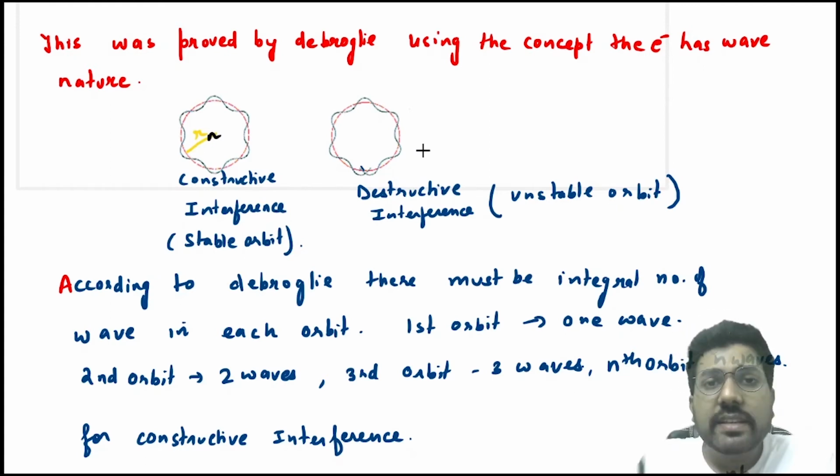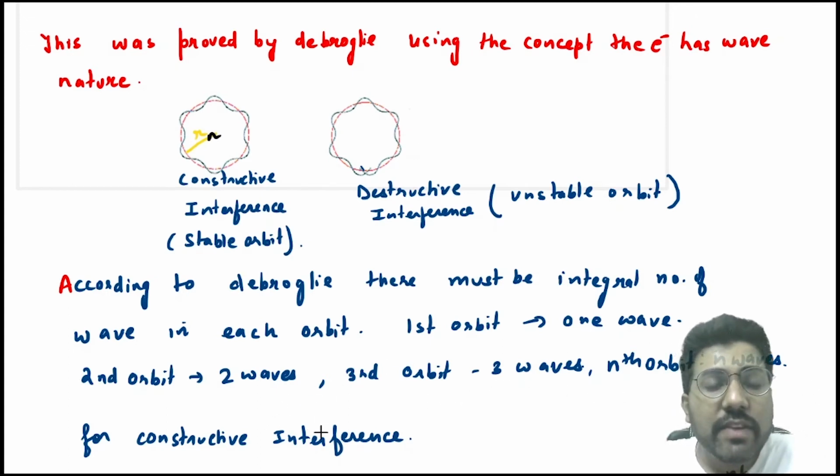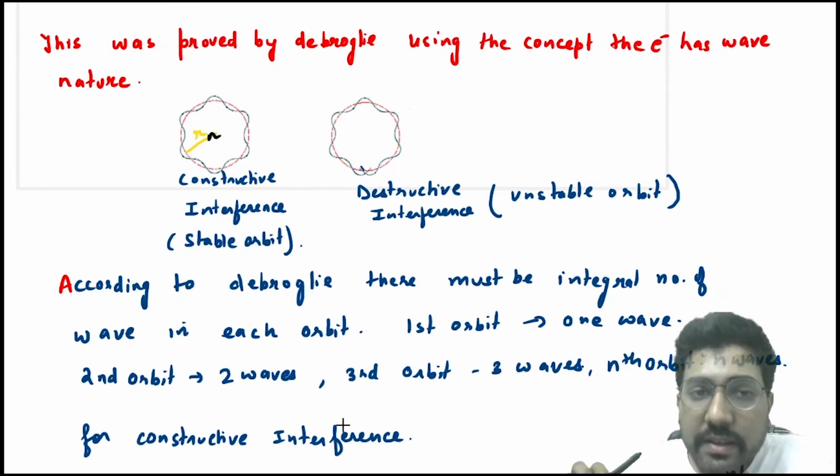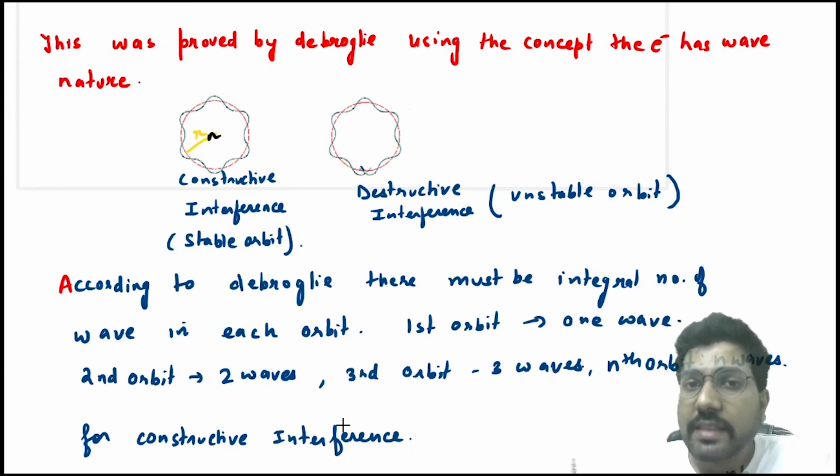Okay, and he said that the first orbit will have one wave, the second orbit will have two waves, the third orbit will have three waves, and the nth orbit will have n waves for constructive interference. So if there is constructive interference, then that orbit is stable.